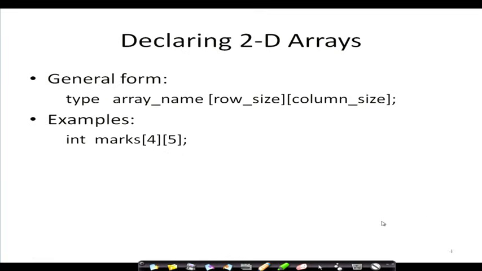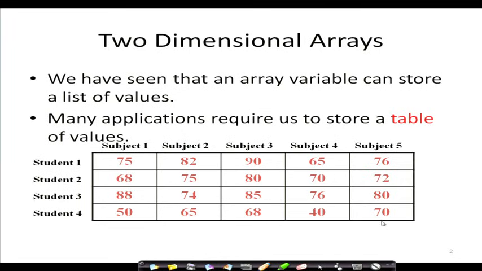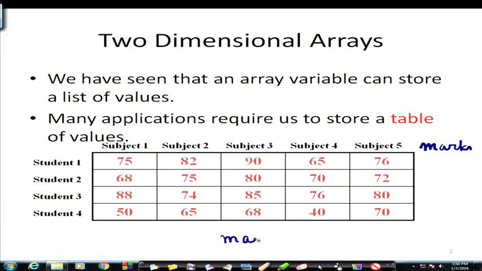In this case, which we saw just now, it is an array, and let us say the name of this array is also marks, and marks has got 4 rows and it has got 5 columns.